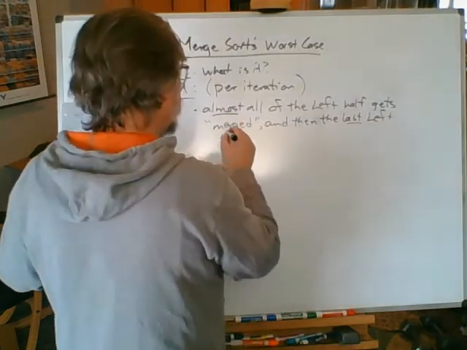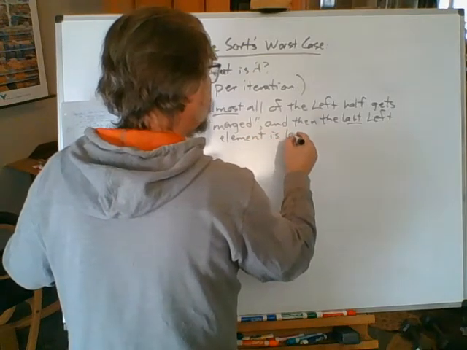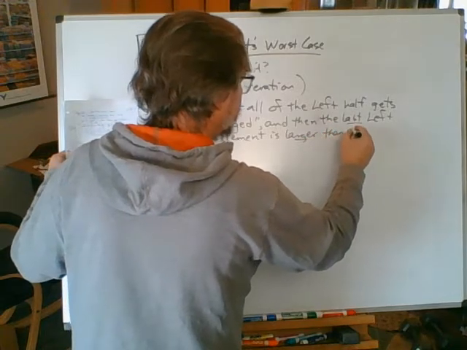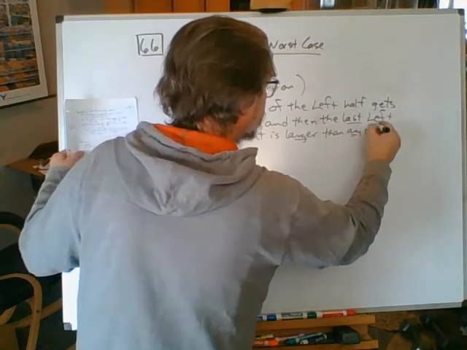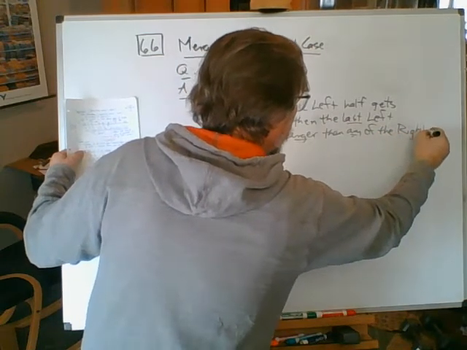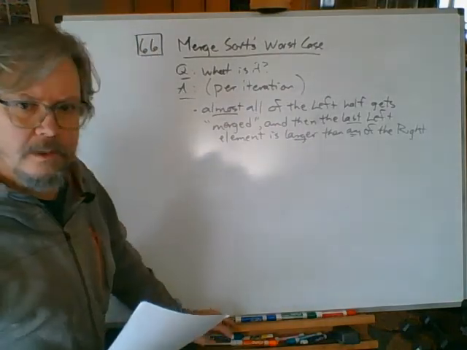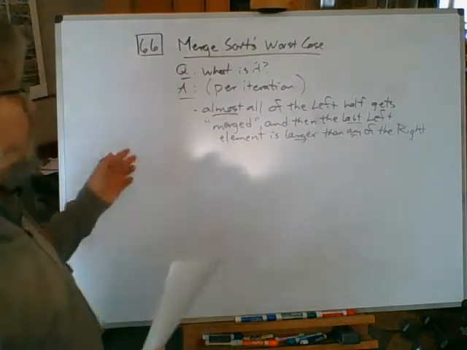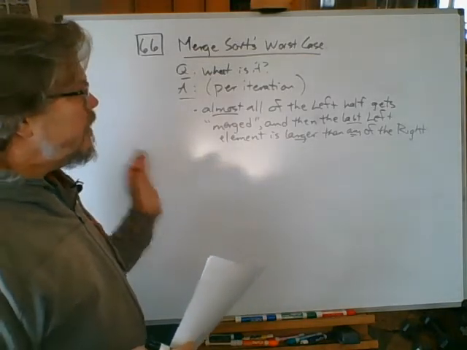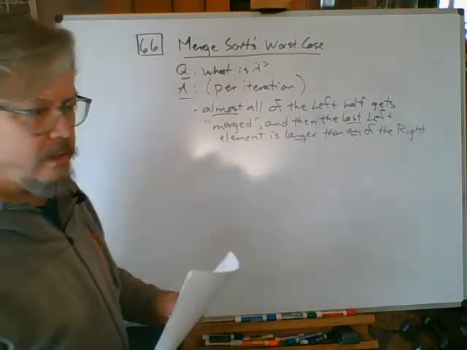The last left element is larger than any of the right. You know what? I'm having regrets right now. I should have done the example first and then come back and written this description, because this description is just impenetrable, is it not? Almost all of the left half gets merged into the bigger tray. And then, oh no, we get stuck. We hit a snag. The last element on the left turns out to be larger than any of the right.